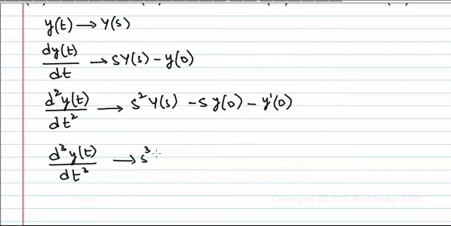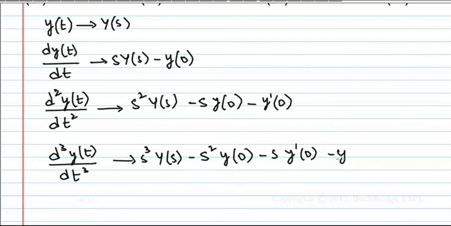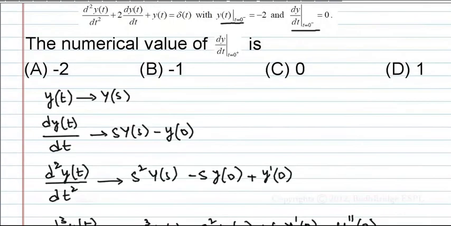S cube y of s minus s square y of 0 minus s y dash of 0 minus y double dash of 0. Alternately plus and minus comes in the formula. We shall apply these both here.